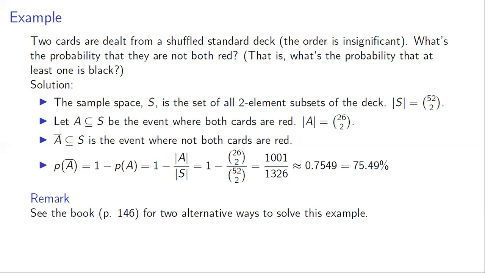This is a general thing you'll see a lot in counting and probability, that there are often a few different ways of solving a problem. But just to be clear, you don't have to use those other ways if you don't want to. If you want to see alternative ways, then look in the book. But this is a perfectly good answer. And those alternative ways lead to the same result anyway.